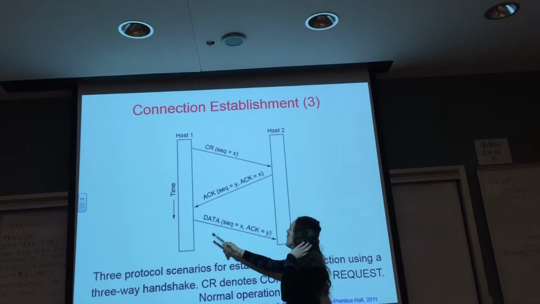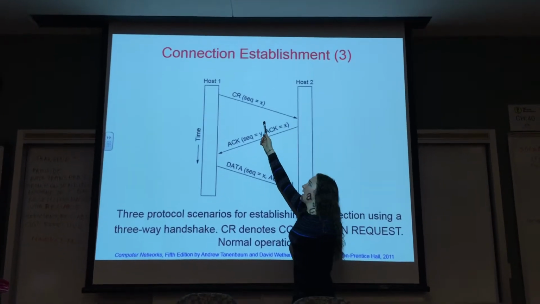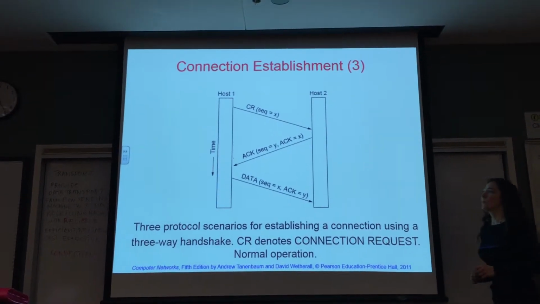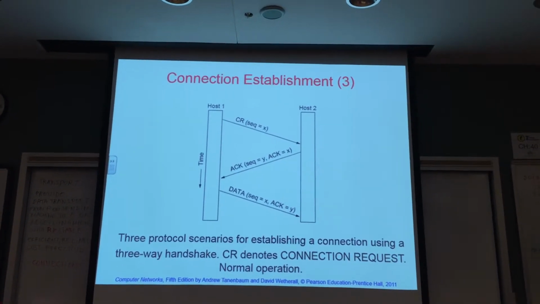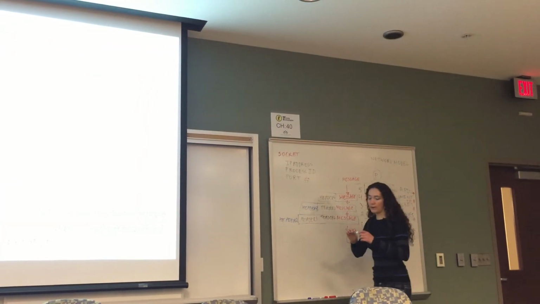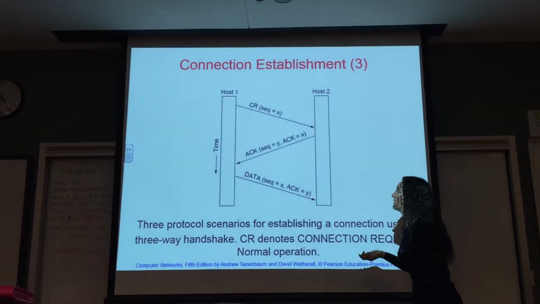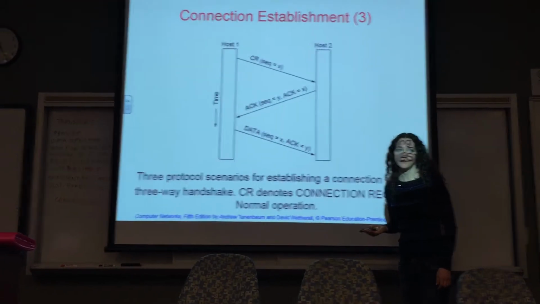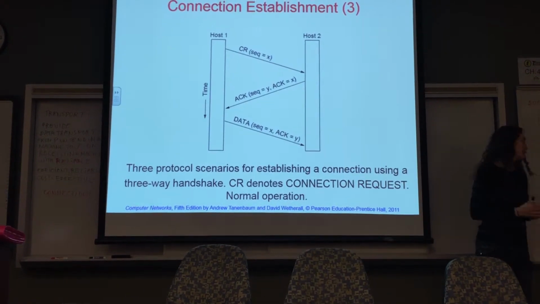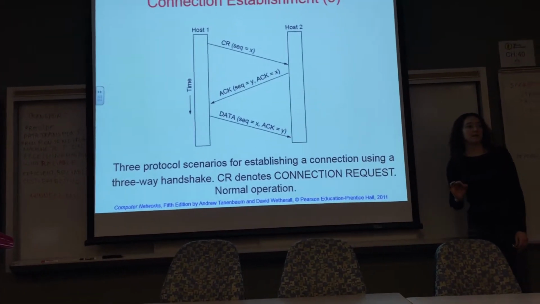The browser sent the connection request and picked some random number, let's say X, and said, this is going to be my sequence number with which I am going to track every segment that I'm sending to you. So I will start with X. The next thing I send you will be X plus 1, and the next thing will be X plus 2 and X plus 3. So every piece of data or segment that is being sent is tracked and has a sequence number.